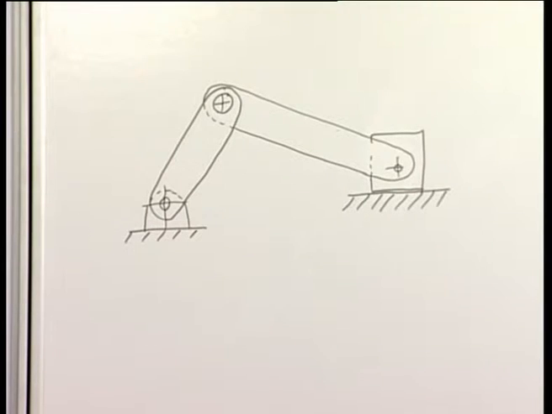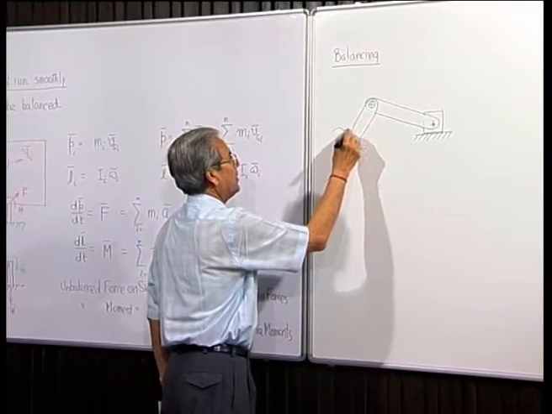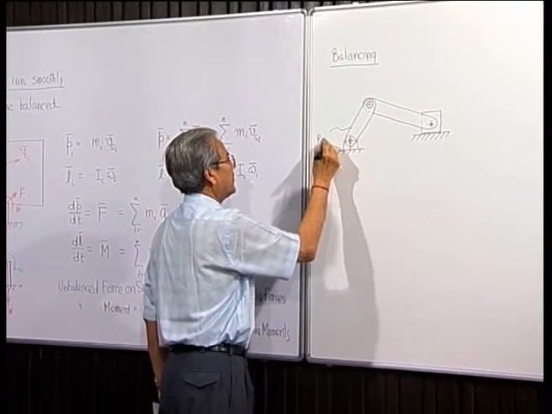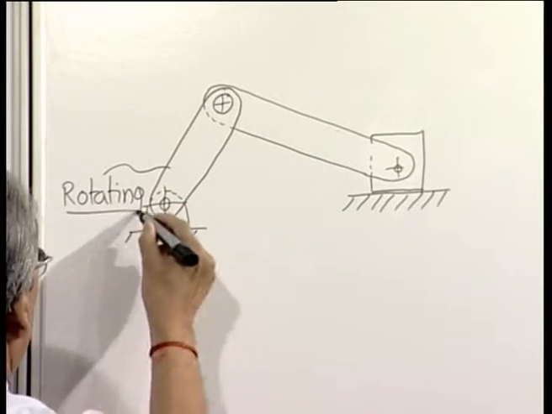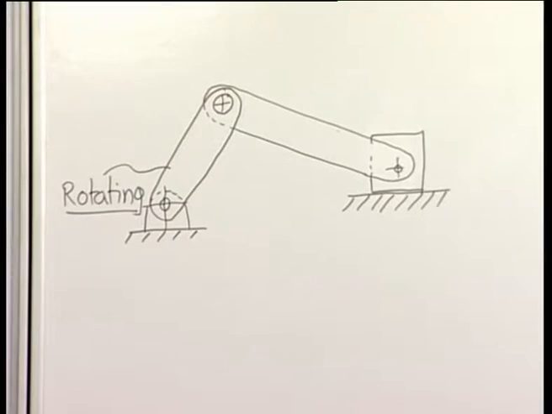Now, here we find there are three moving objects. One, which we call the crank, as you already know, is a purely rotating member. It makes pure rotation about this hinge.